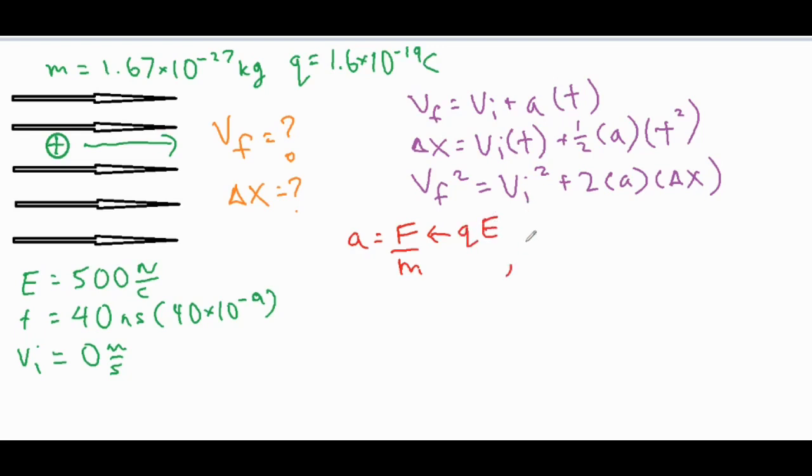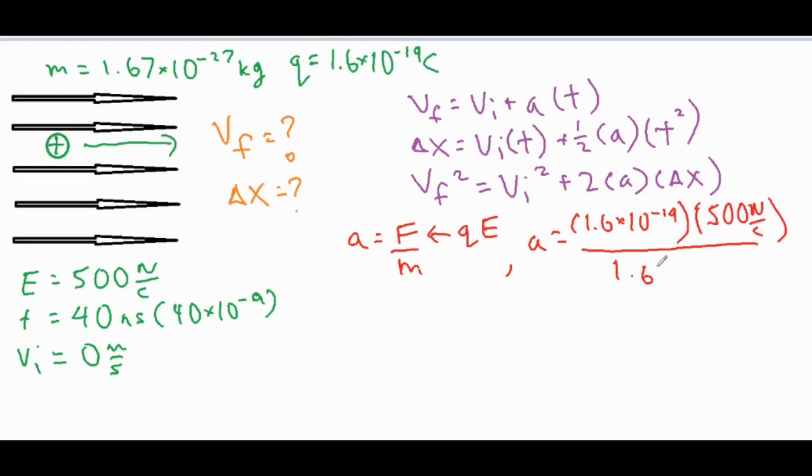So if we're looking for the acceleration, what we can do is take the charge of a proton, which we know is 1.6 times 10 to the negative 19th, times the electric field value, 500 newtons per coulomb, and we have another constant, which is the mass of the proton, 1.67 times 10 to the negative 27th kilograms. Now from there, if we plug in those values, we can get our acceleration. That comes out to 4.79 times 10 to the 10th meters per second squared.